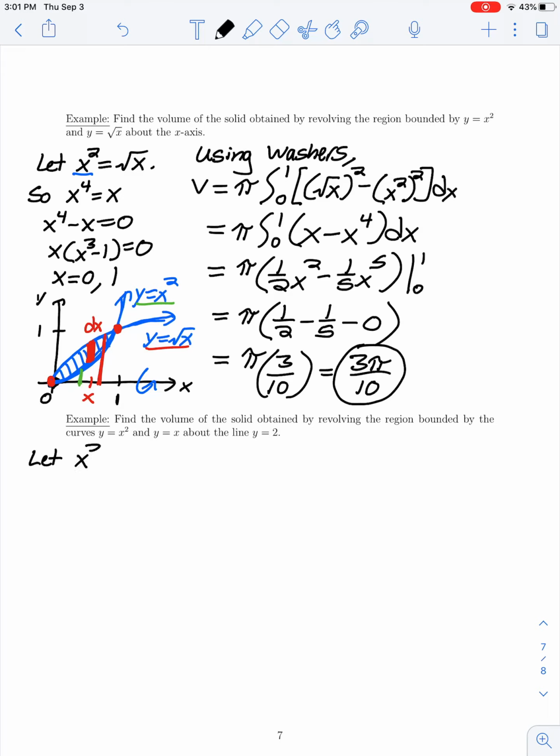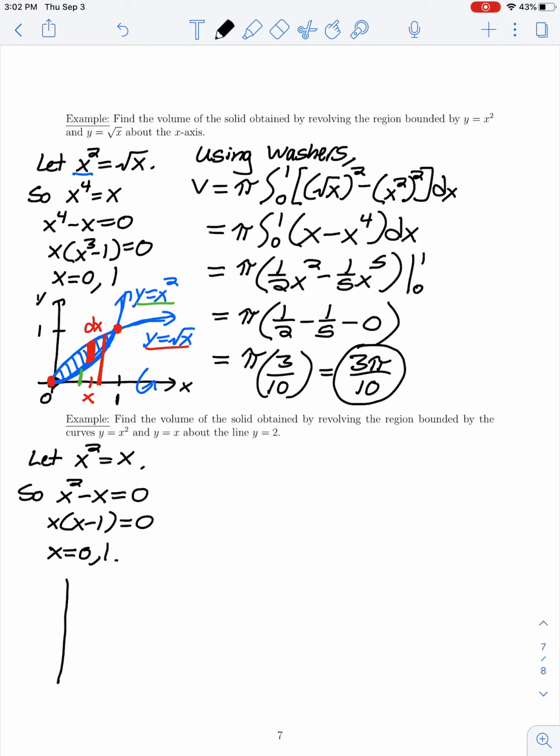So here we would set the two functions equal to one another. That is, x squared is equal to x. And so x squared minus x is 0. Or factoring out an x, we have x times x minus 1 is 0. And it follows that x is either 0 or 1.